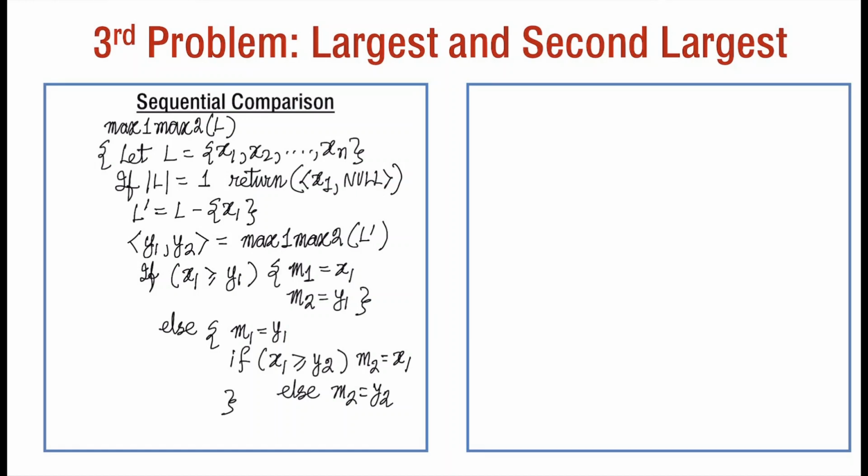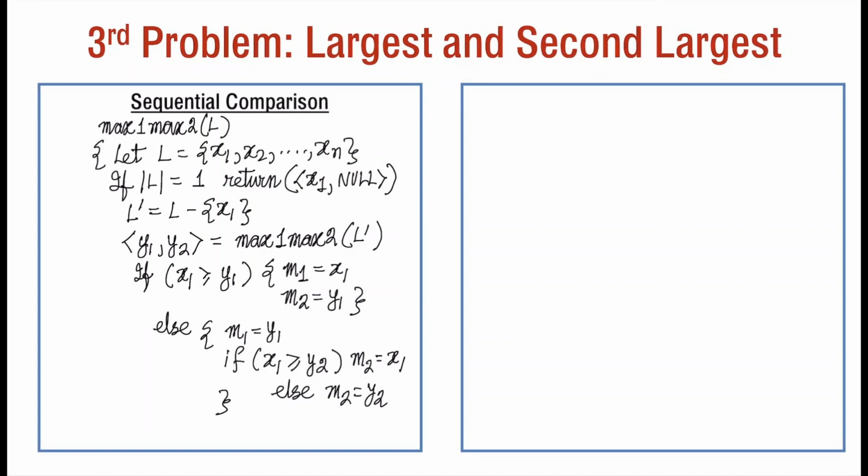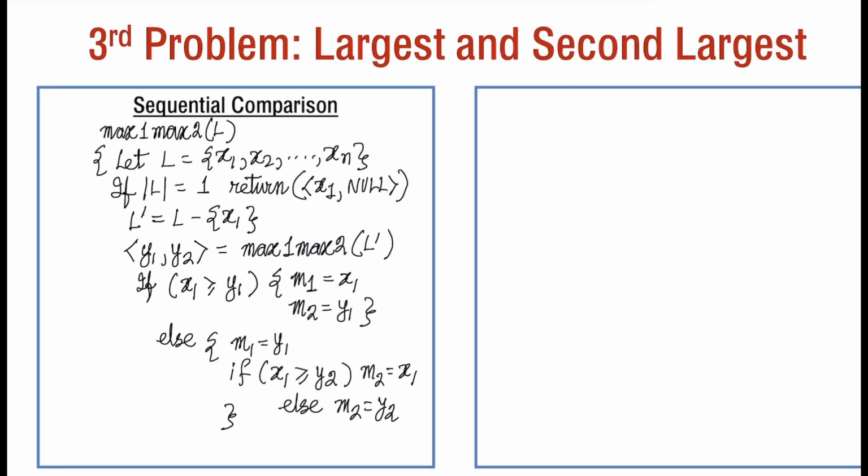This is the else part, and this ends my else part of the program, and now we return m1, m2, this is what we return.